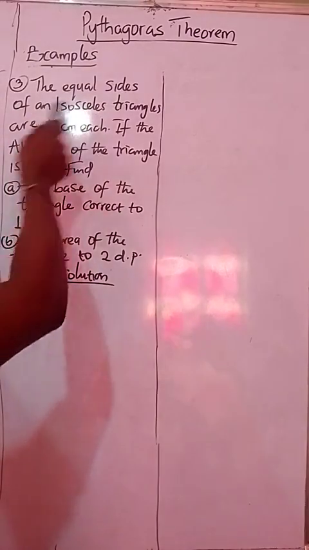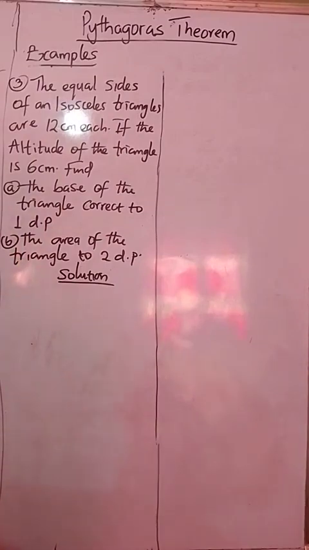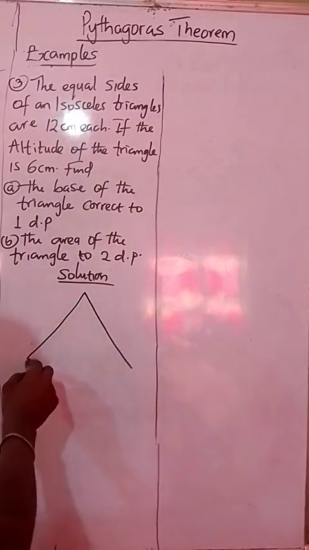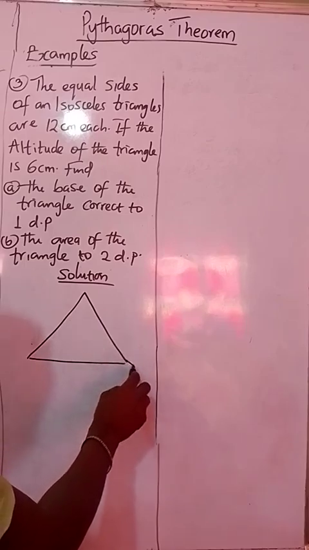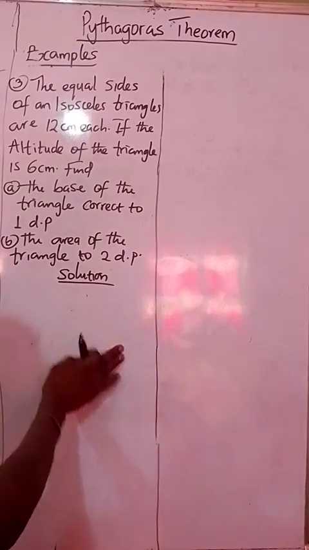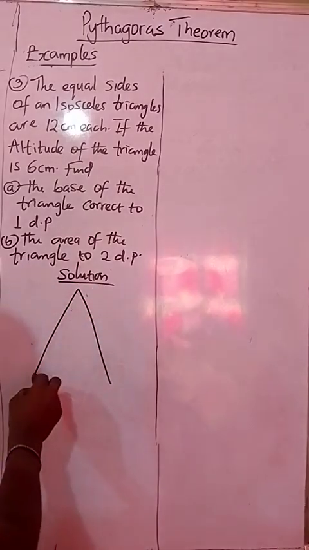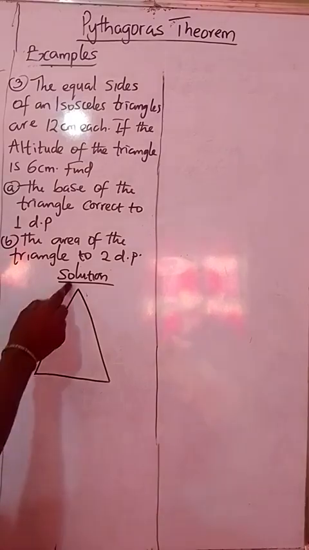The equal sides of an isosceles triangle. So what's an isosceles triangle? They've already told you an isosceles triangle is a triangle with equal sides.